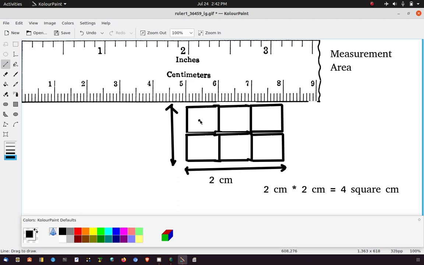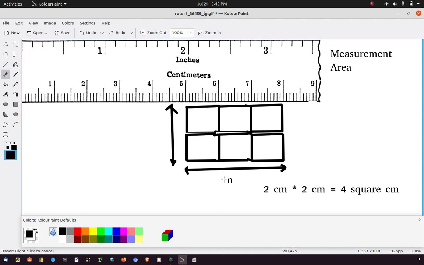Instead of counting 1, 2, 3, 4, 5, 6, when I see this, I could just say how many units high is it, or how many units wide it is, and say 2 multiplied by 3. This will be 6 square centimeters.